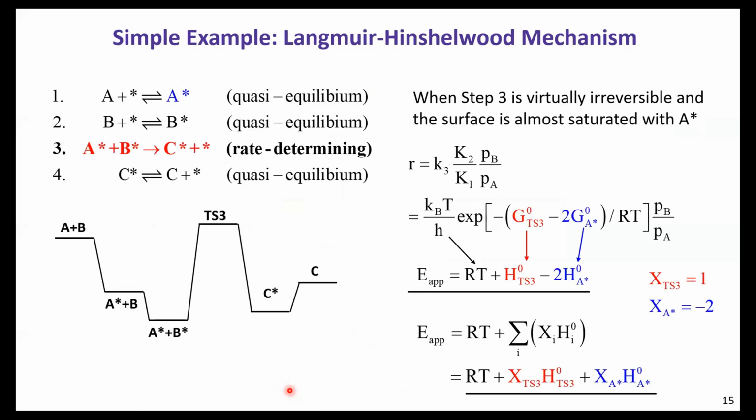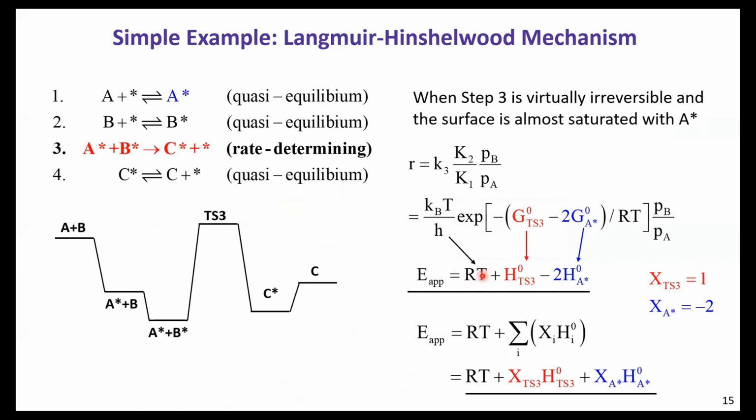Let's start from something simple, a Langmuir-Hinshelwood mechanism. From the same equation, we can easily calculate E apparent equals RT plus the energy of transition state 3 minus 2 times the energy of adsorbate A. If we use our equation and plug the DRCs into this equation, we actually get the same result as the actual value.